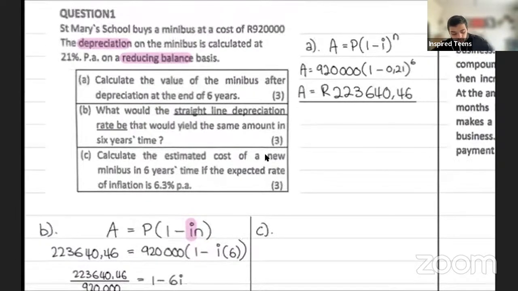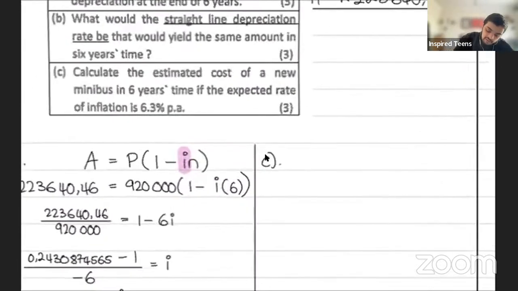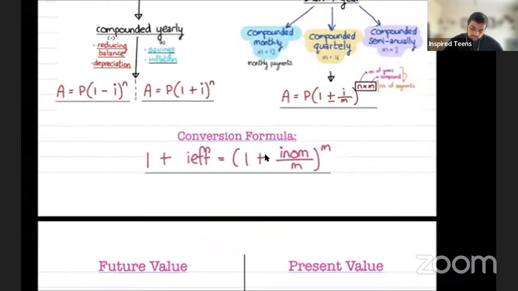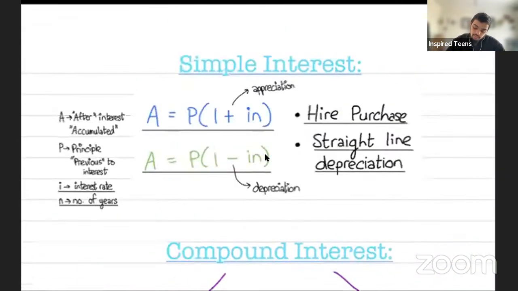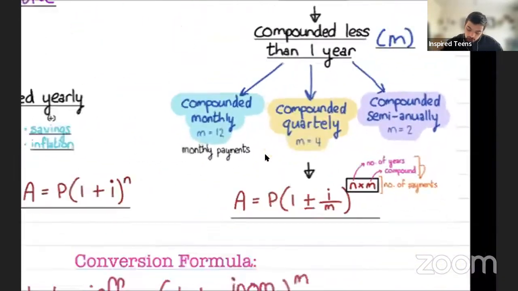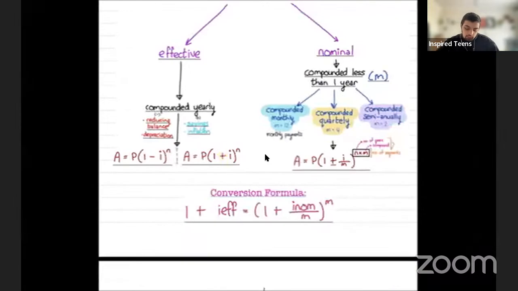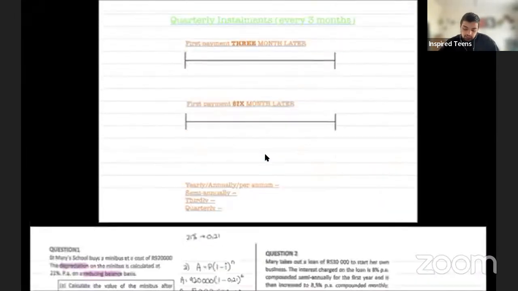Calculate the estimated cost of a new minibus in 6 years' time if the expected rate of inflation is compound interest, so they're positive. Let's just get rid of this to not confuse that. Inflation. Okay, inflation is compound interest with a plus sign, positive because it increases.